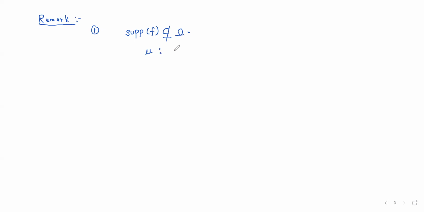Let's say the function u defined over a ball, like u(x) equals 1 minus |x|. So you can see here the support is the closed ball.